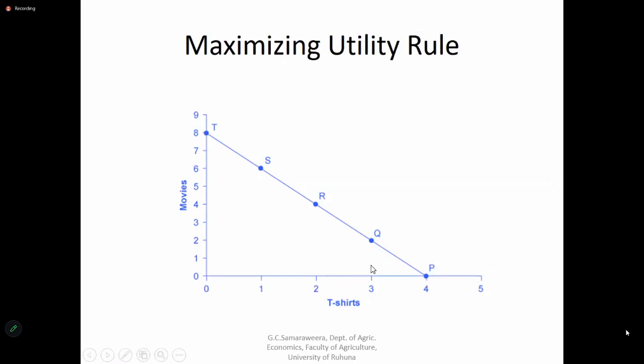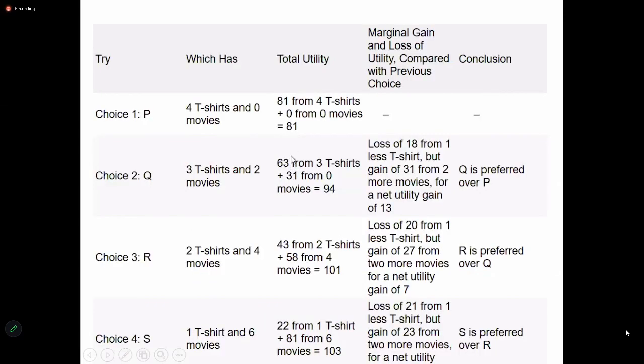Let's say total utility is 63. So 3 t-shirts and, sorry, 3 t-shirts and 2 movies. Accordingly, total utility is given to you.